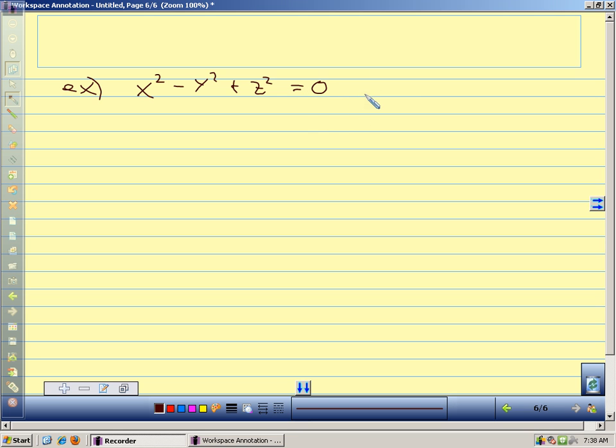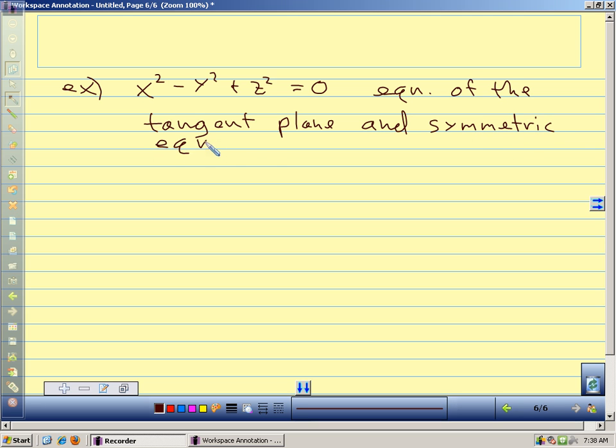And we want the equation of the tangent plane and the normal line, and we want symmetric equations at the point 5, 13, negative 12.